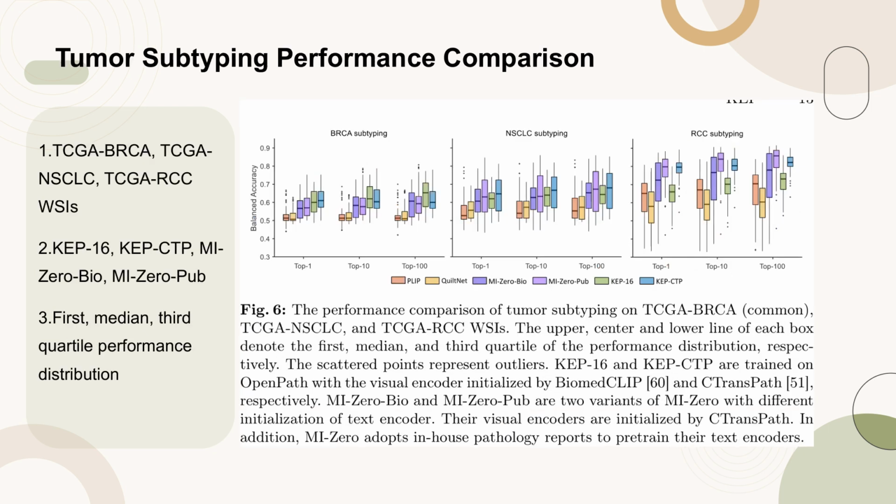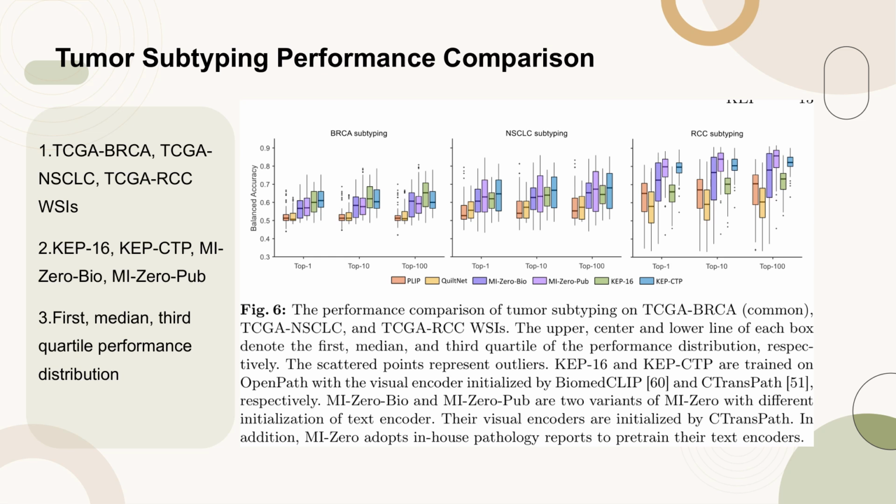Figure 6 presents a performance comparison of tumor subtyping across TCGA-BRCA, common, TCGA-NSCLC, and TCGA-RCC WSIs. The figure illustrates the first, median, and third quartile of the performance distribution for each model, with scattered points representing outliers. Models compared include KP16 and KPCTP, both trained on OpenPath, with visual encoders initialized by BioMed-CLIP and CTransPath, respectively.